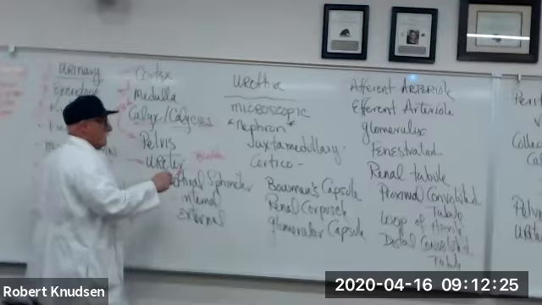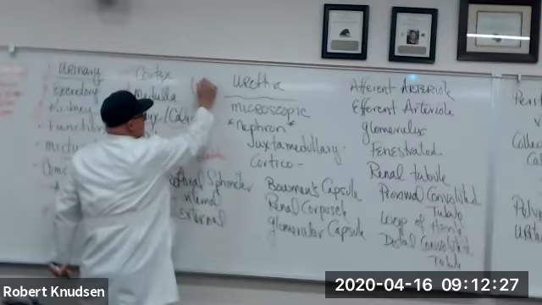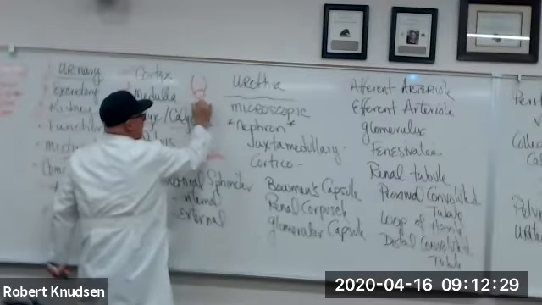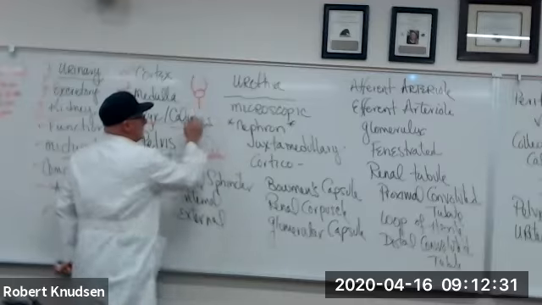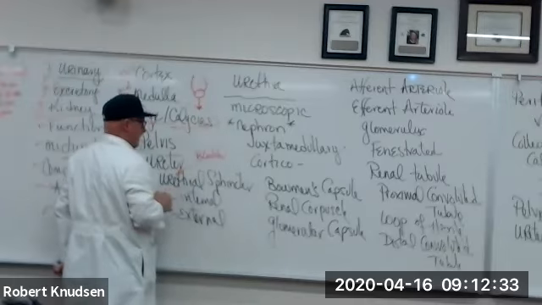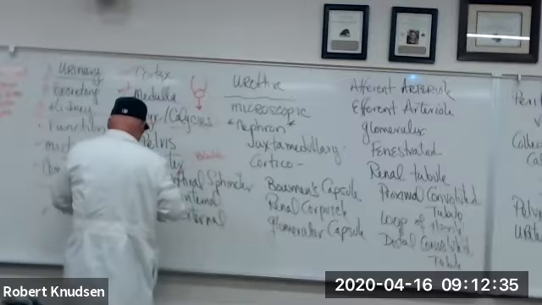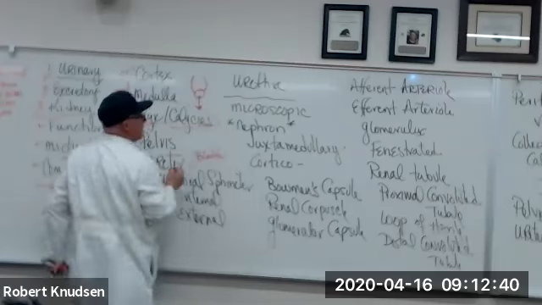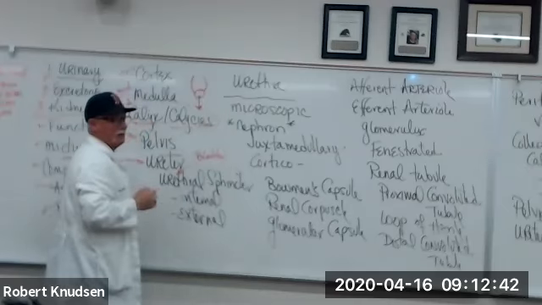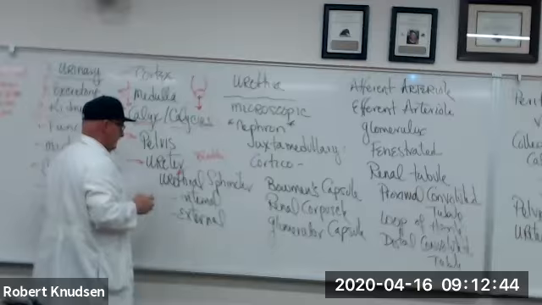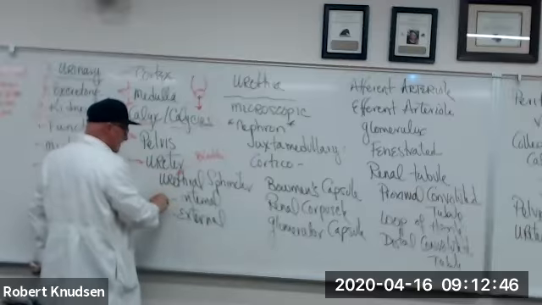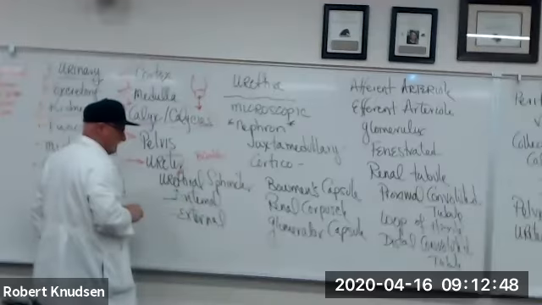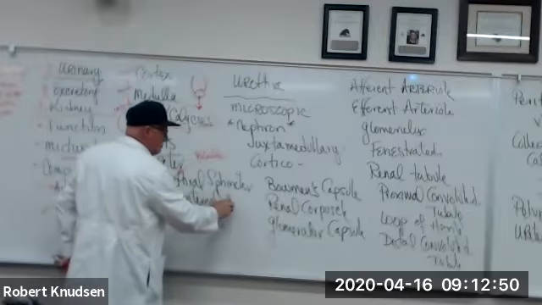Now, so essentially what you see is you see a ureter, a bladder, and a urethra. The urethra goes to the outside. There is a sphincter here and a sphincter here. That means a valve there and a valve there, so two valves. The inside valve is called the internal urethral sphincter, made up of smooth muscle.